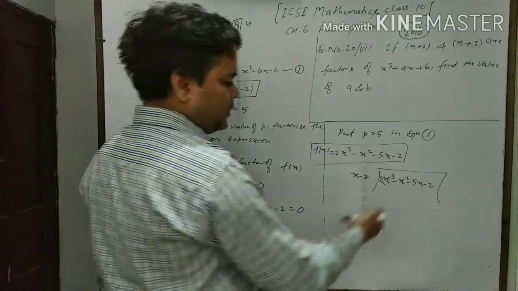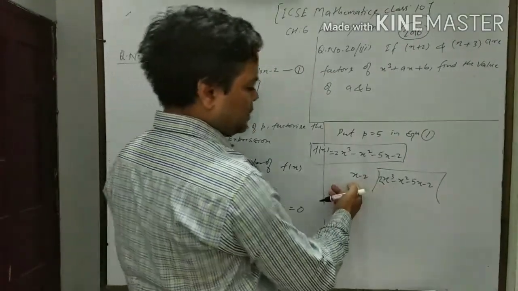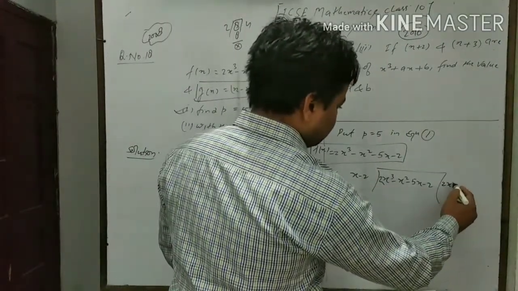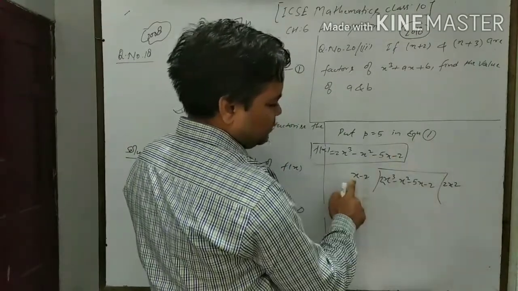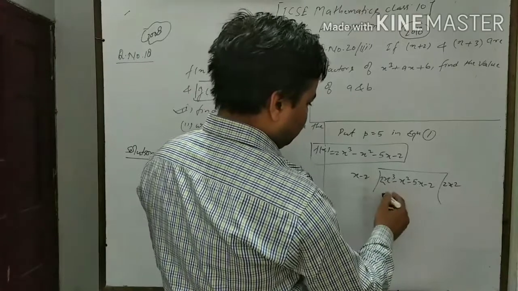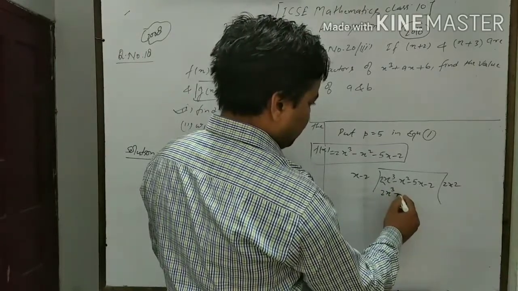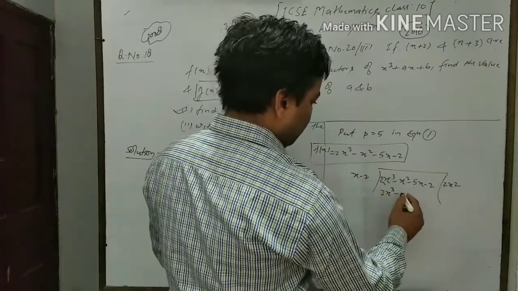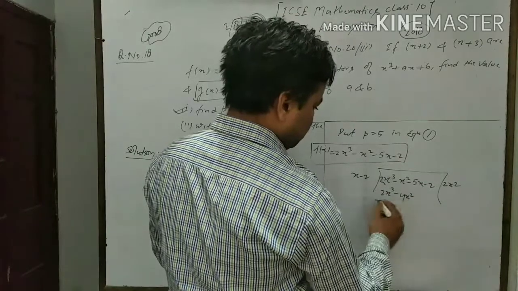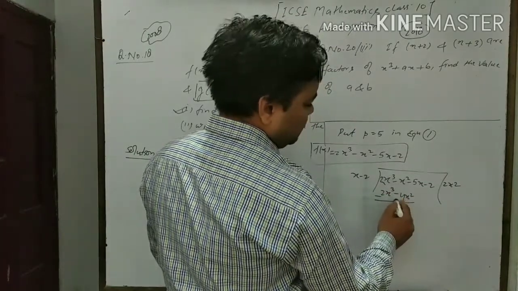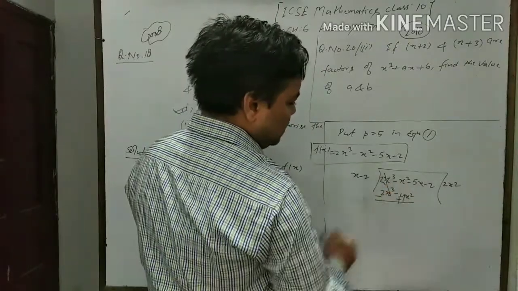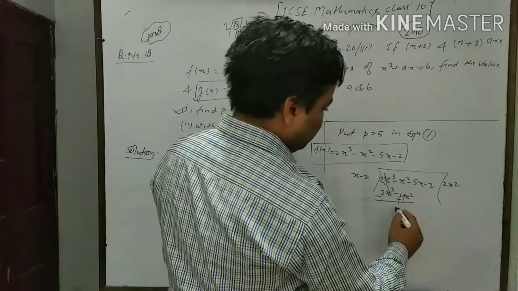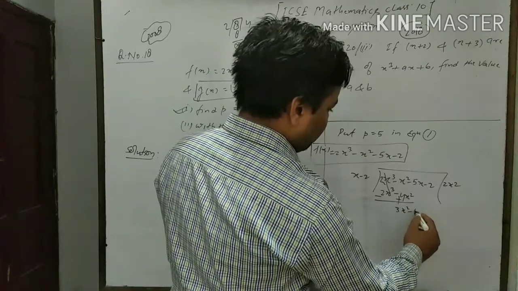So here the first term of this and the first term of this, that will be 2x square, and this 2x square will be multiplied by x minus 2, then it will be 2x cube minus 4x square. Subtraction, and the sign of subtraction will be changed to addition. This will be cancelled, and 4 minus 1 will be 3x square minus 5x.